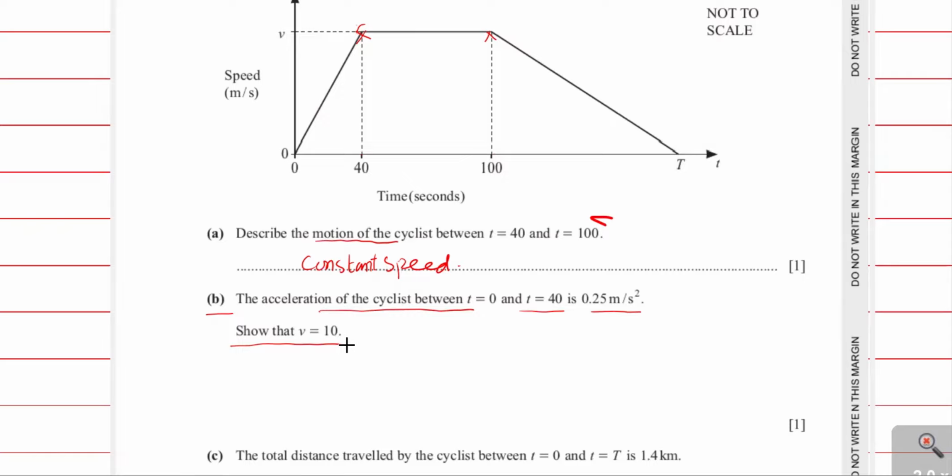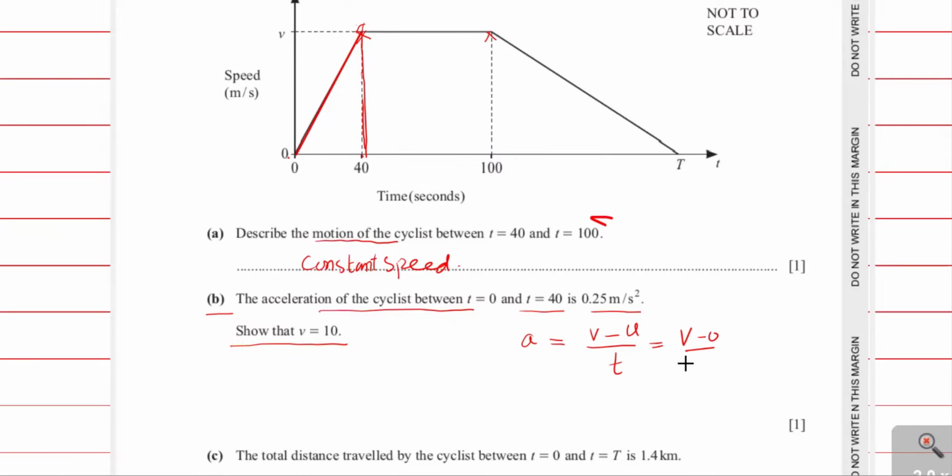Next, part B. The acceleration of the cyclist from t = 0 to t = 40 is 0.25 meter per second squared. Show that V = 10. Look here, the formula of acceleration is (v minus u) over t. The gradient of this straight line is acceleration. Therefore, the gradient is the vertical change over the horizontal change. The vertical change here is v minus u, this is v minus 0.